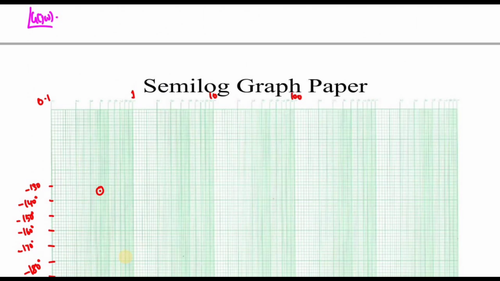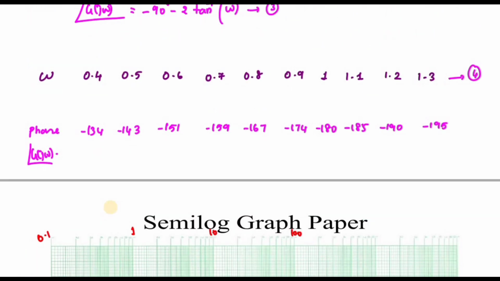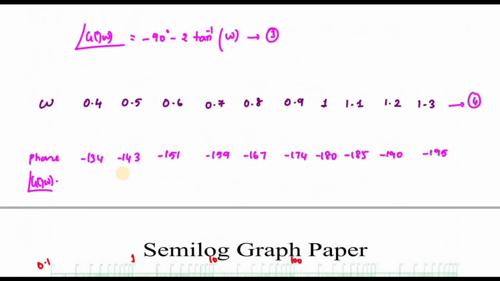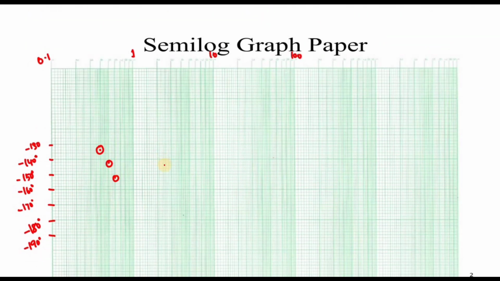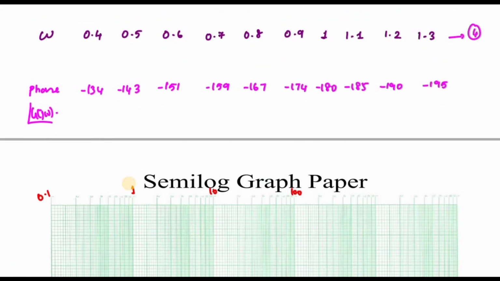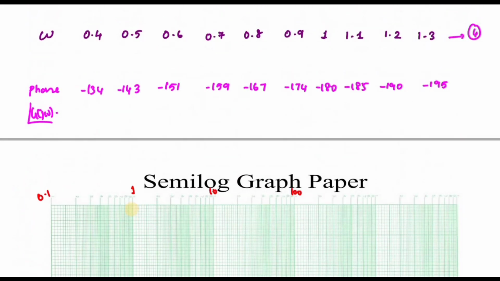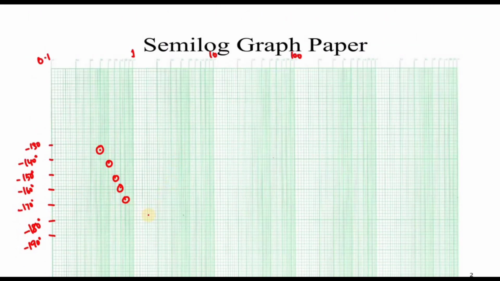So this is 143 for 0.5, and for 0.6 it is 151, for 0.7 it is 159, for 0.8 it is 167, for 1 it is minus 180 degrees, and for 1.1 it is minus 185.